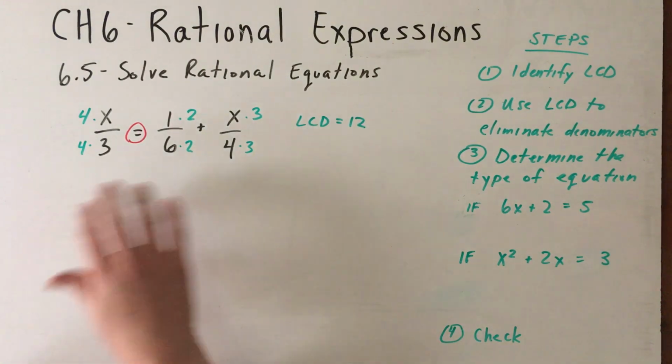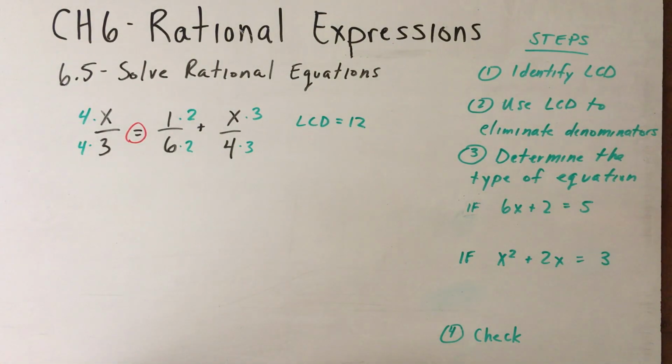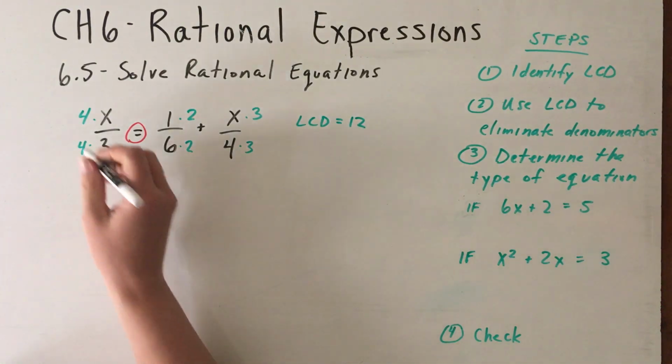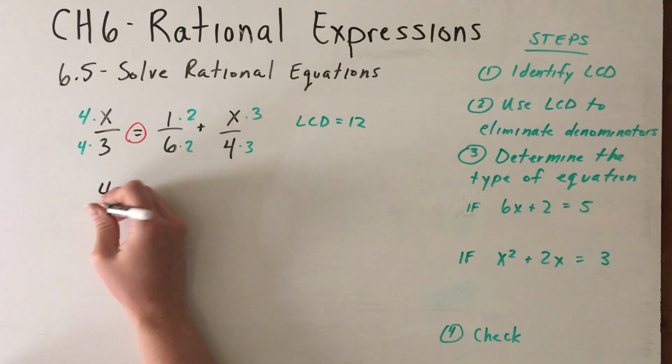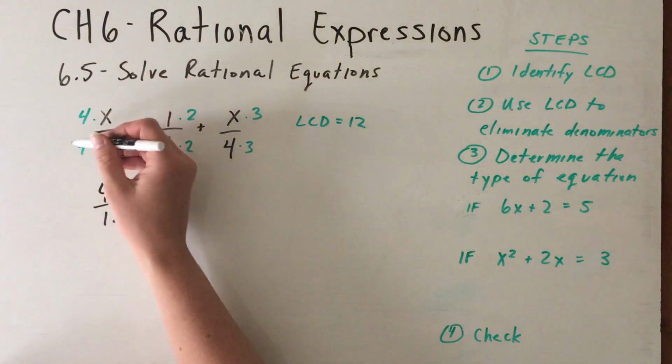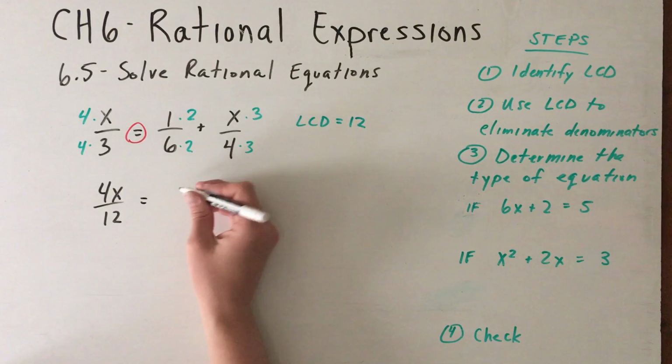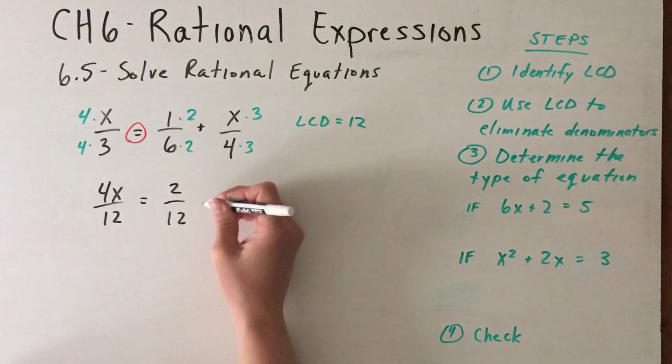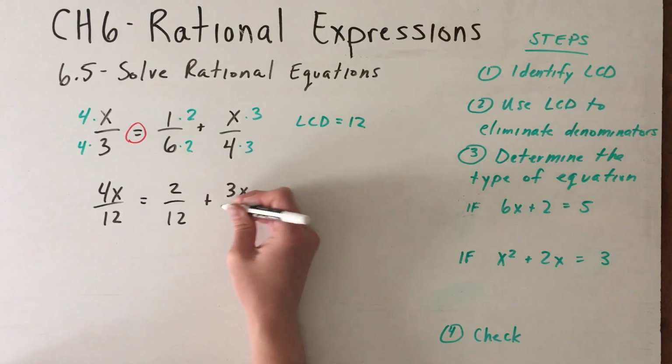Now, once I have all the same denominators here, I'm going to show you why this works, and then we're just going to do it from here on out. On the top I have 4x, and on the bottom I'd have 12. That's going to be equal to 2 over 12, plus 3x over 12.